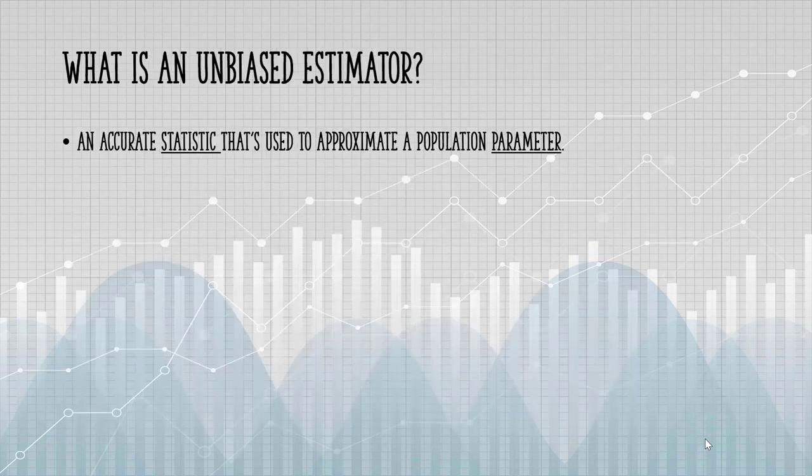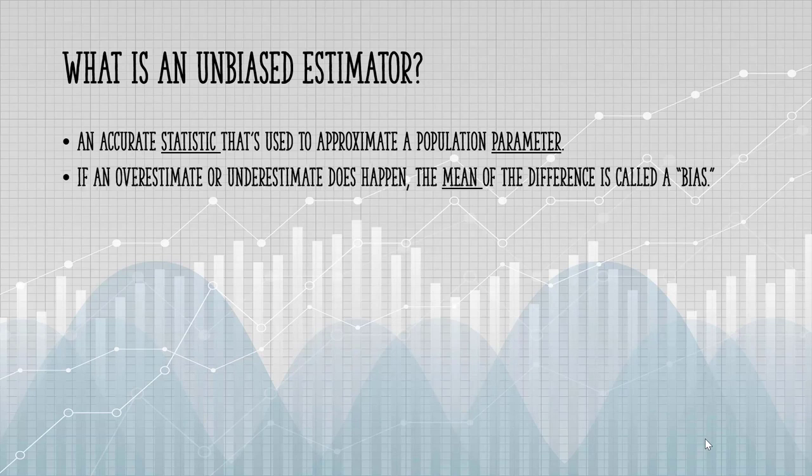So what is an unbiased estimator? An unbiased estimator is an accurate statistic that's used to approximate a population parameter. Accurate, in this sense, means that it's neither an overestimate nor an underestimate. If an overestimate or underestimate does happen, the mean of the difference is called a bias.